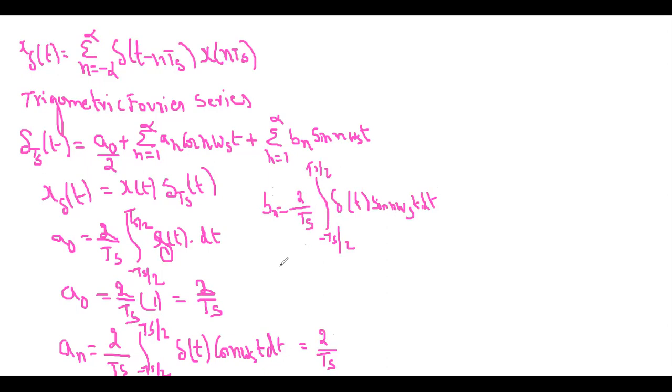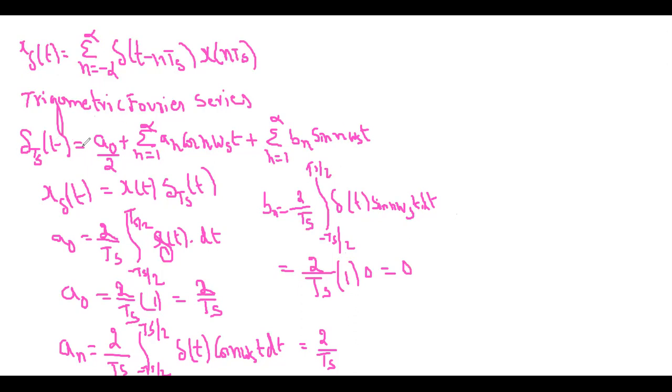Okay, my dear friends. So that is equal to 2 by ts. The value is again at t is equal to 0, the delta is 1, but the sine function is 0. So bn is equal to 0.